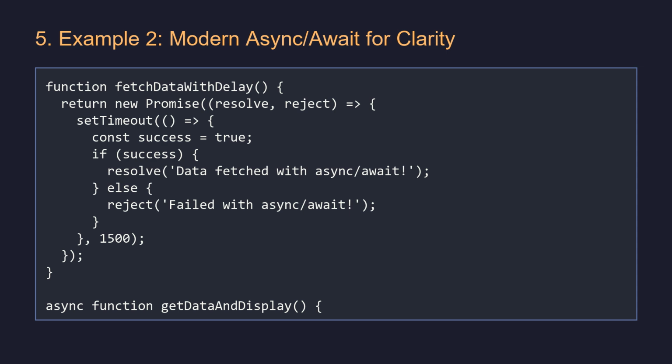This makes asynchronous code look synchronous, making it much easier to read and debug. Wrap your await calls in a try catch block for elegant error handling, similar to how catch works for standard promises.